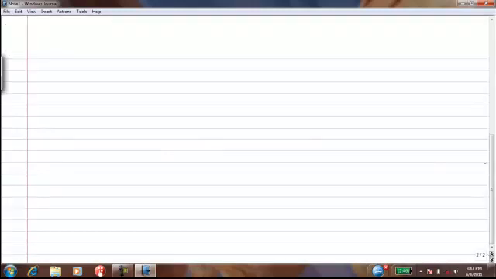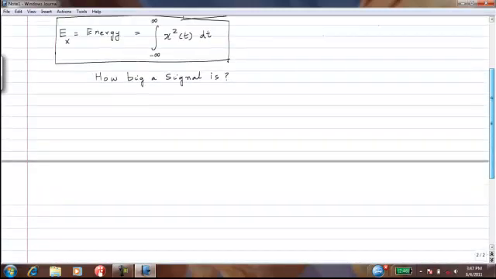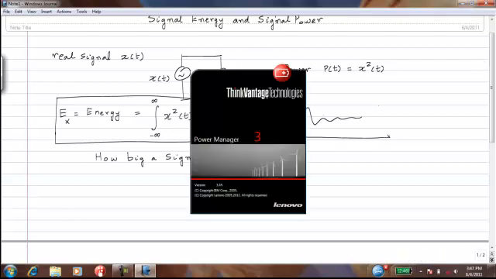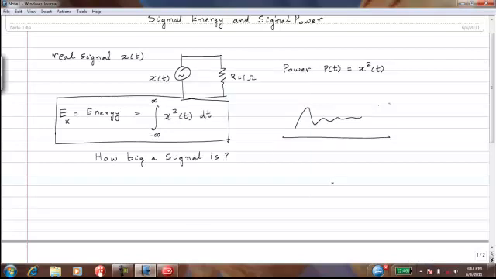What do I mean by that? If you have two signals and you want to compare them in terms of which of the two is bigger, we have two functions of time. So here is a signal x1 of t, and let's say we have another signal x2 of t.